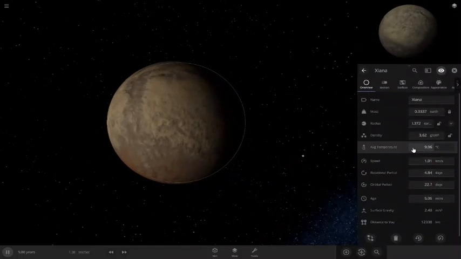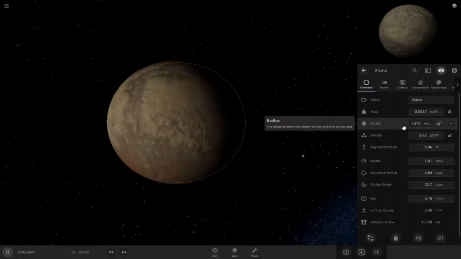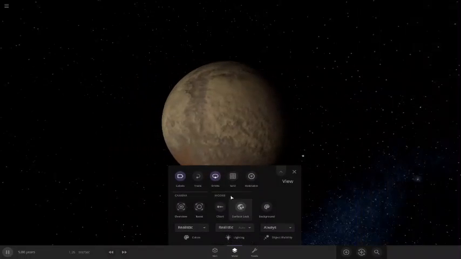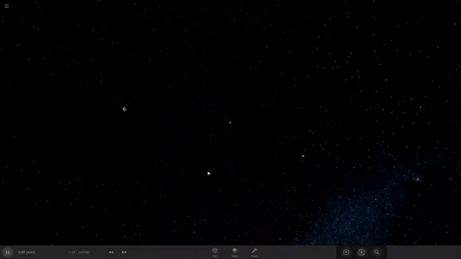It has a radius of 0.37 Earth radii, and a density of 3.62 grams per centimeter cubed, with a mass of 0.033 Earth masses, and a gravity that is 0.24 times Earth's gravity.